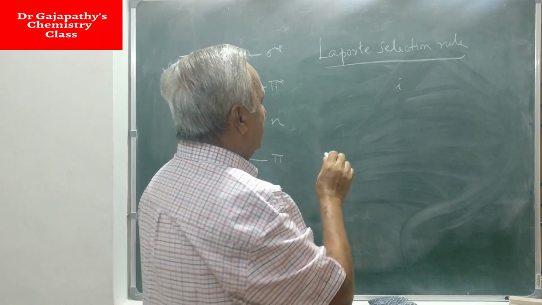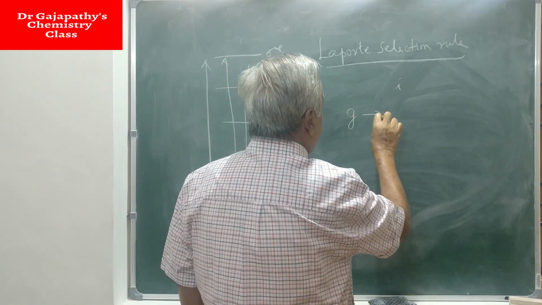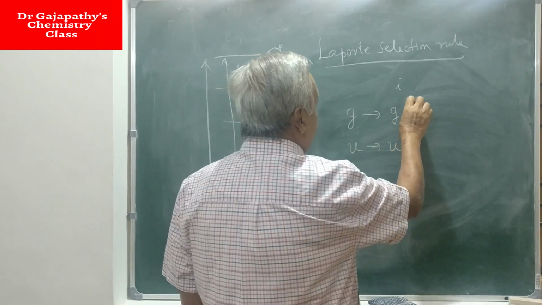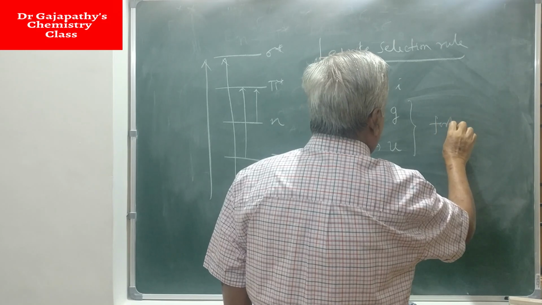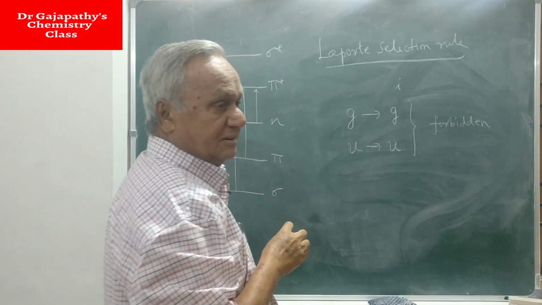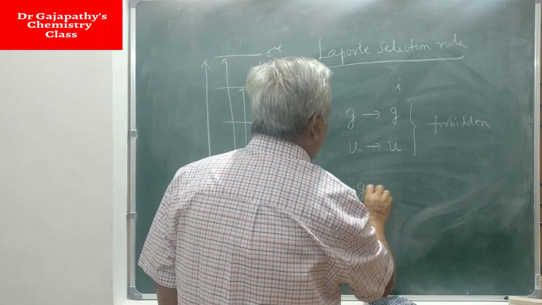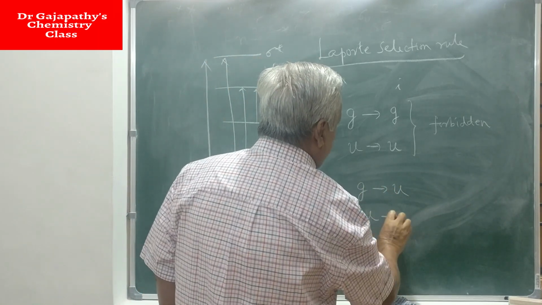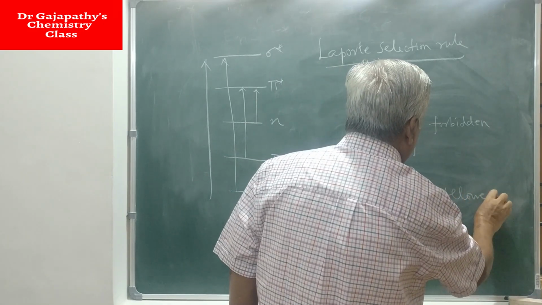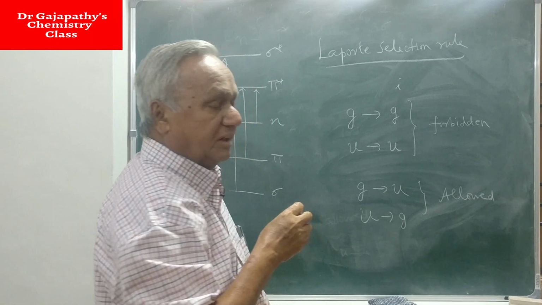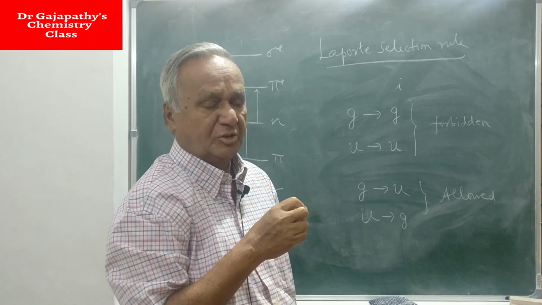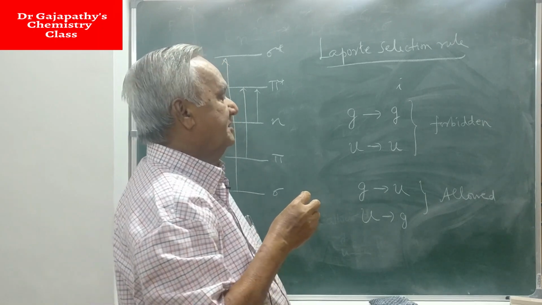In such a molecule, g to g and u to u, these transitions are forbidden transitions. Whereas g to u and u to g are allowed transitions. g referring to gerade, u referring to ungerade. That's the correct pronunciation. It's German terminology.